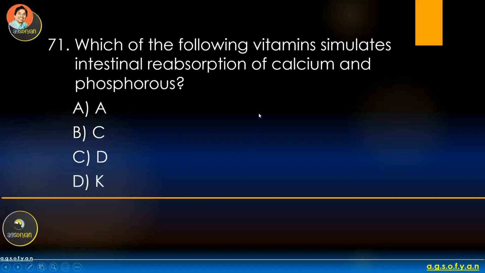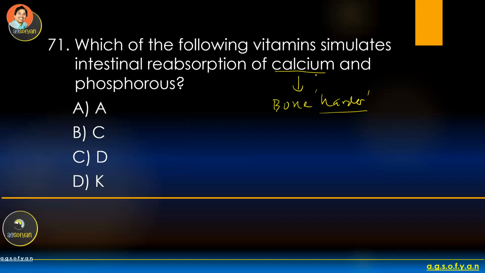Which of the following vitamins stimulates intestinal reabsorption of calcium and phosphorus? Okay, so calcium and phosphorus are needed to make our bone become harder. So these are important minerals for bone.